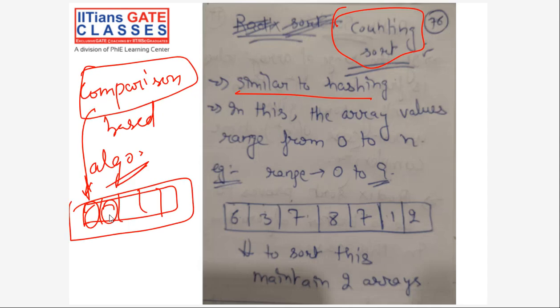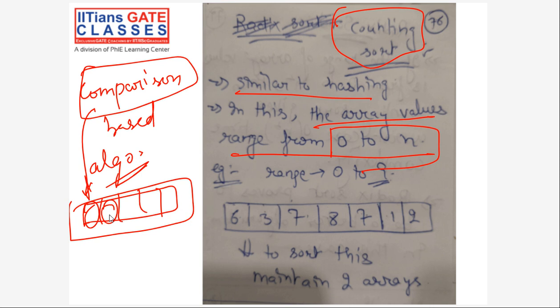I was not restricting the value itself. But in counting sort, we try to restrict that. We'll say the array values are in some range, let's say from 0 to n, where n is the number of elements as well.